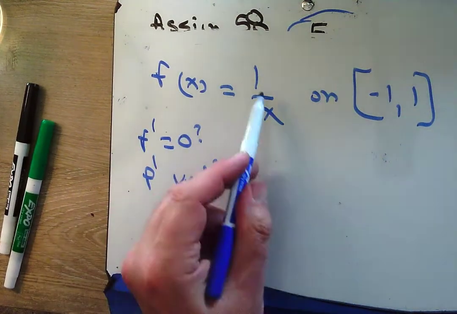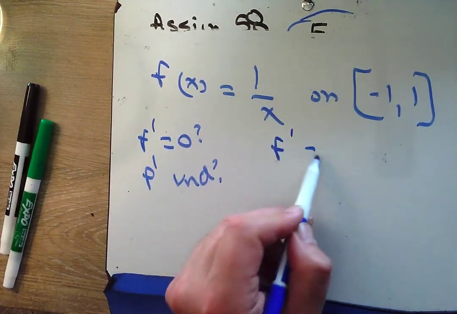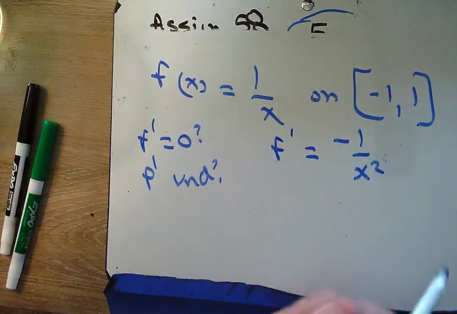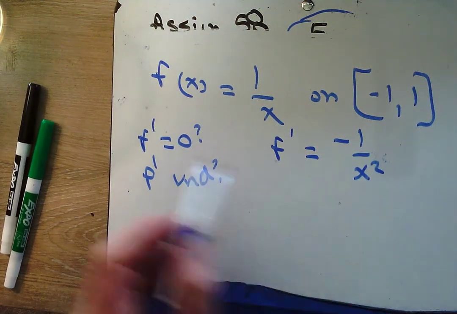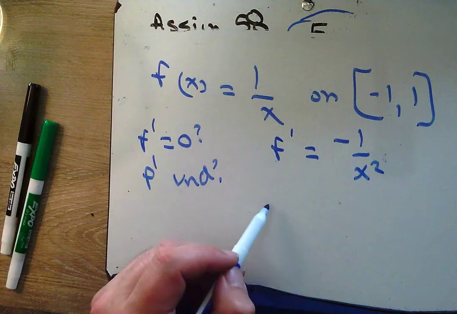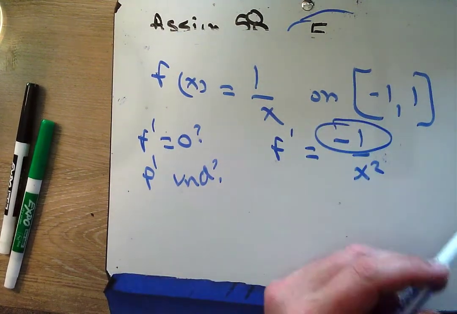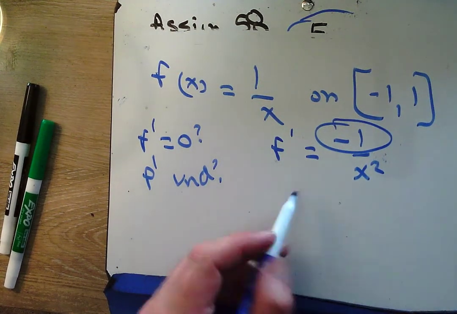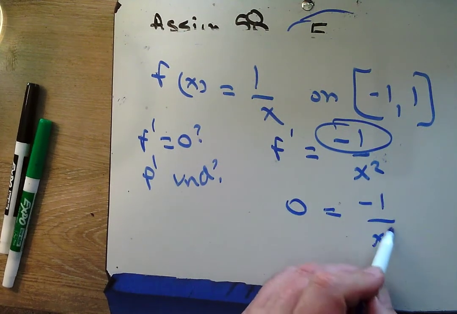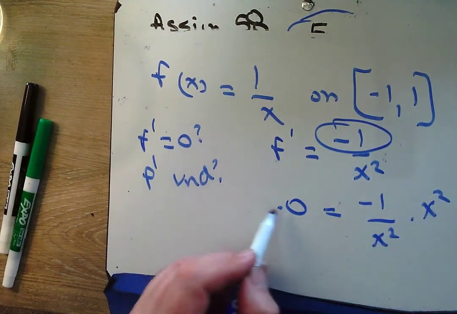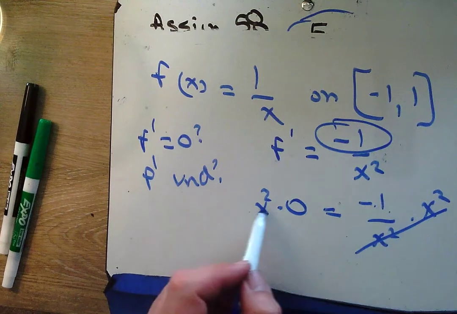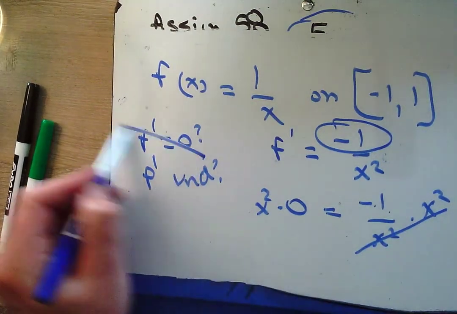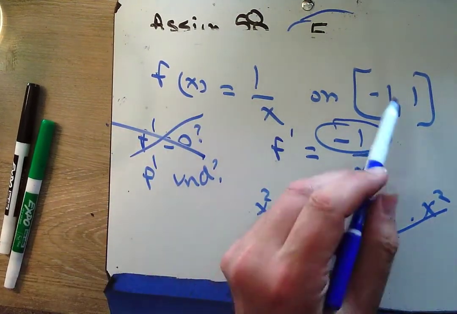And so if I try f prime is -1 over x squared. And I want to know when f prime is 0. Well, the numerator is never 0. I mean, if I set this equal to 0, I get -1 equals 0. So f prime equal to 0? No, not on this function on that interval.